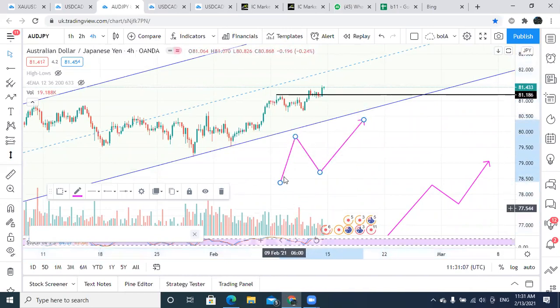What do I mean by wave? The price moves in waves. The price moves from low to high, and then back to a higher low, and then giving us a new higher high. That is one completion of the beginning of a trend.